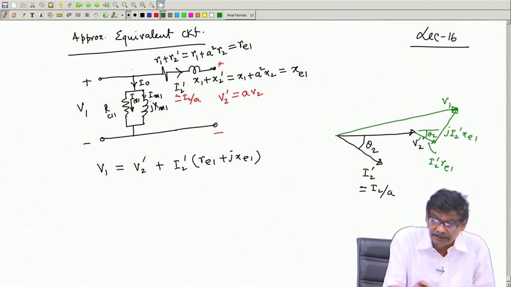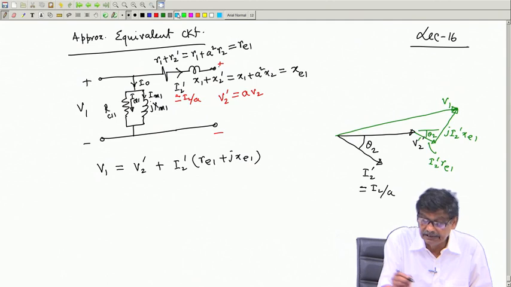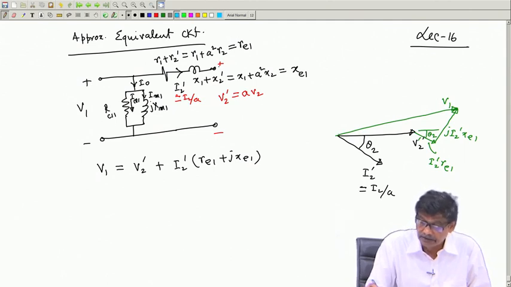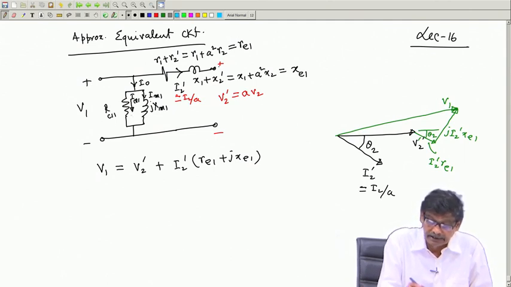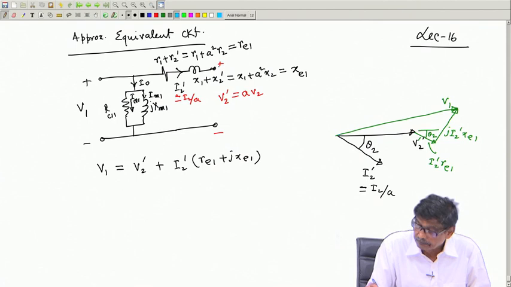After you get V 1, in this approximate phasor diagram, your I C L will be in phase with your applied voltage. So, this will be I C L 1, and your magnetizing current you will show 90 degree lagging in this circuit.